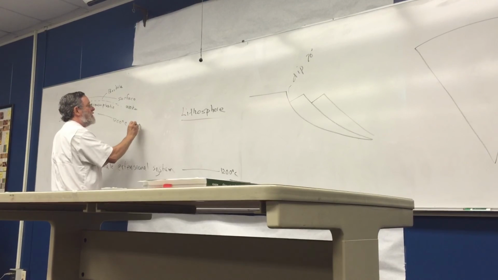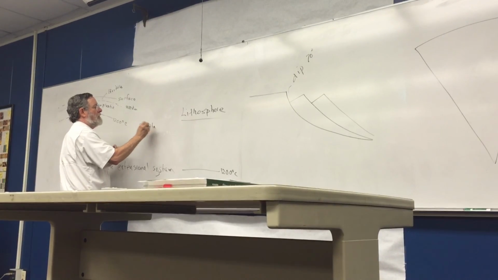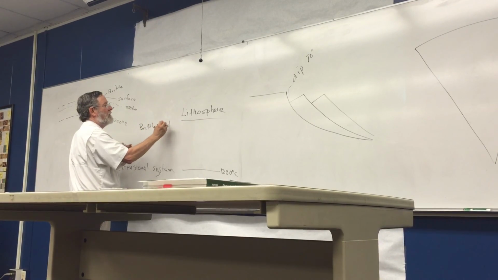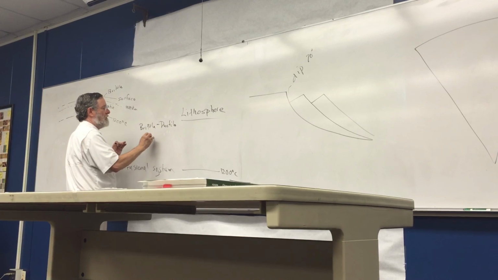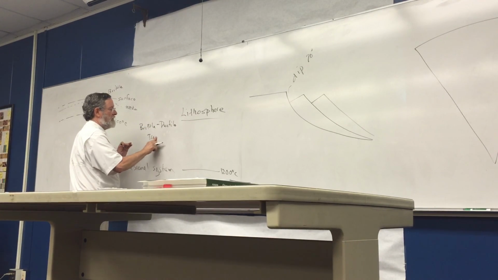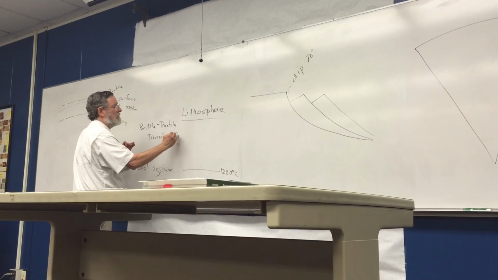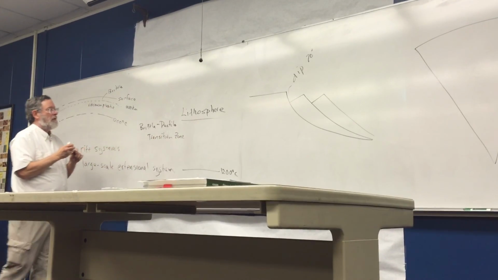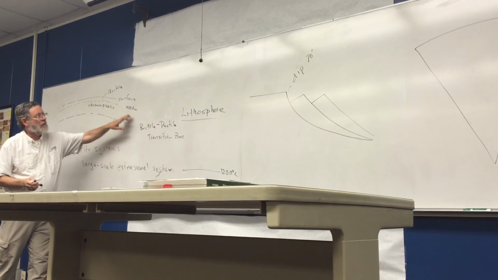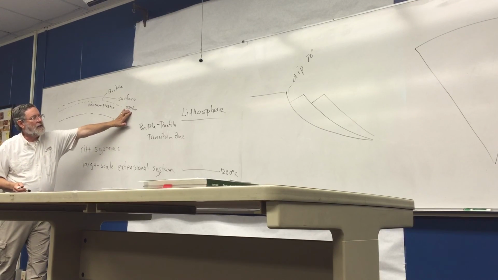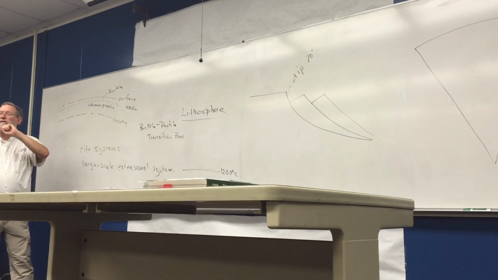That is what we call the brittle ductile transition zone. That brittle ductile transition zone occurs at a depth of about 10 kilometers.